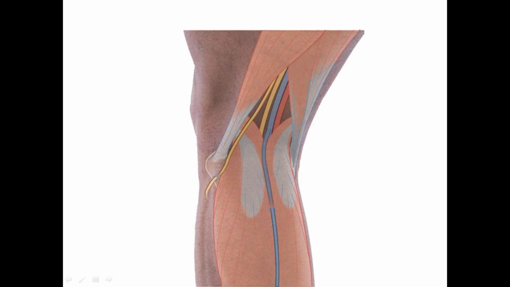Next, we go to the second transition area, that is known as the popliteal fossa, which is a diamond shape. We can see here, first of all, at the upper side, we are having the biceps femoris muscle. Upper medial side, we are having the semimembranosus and the semitendinosus muscle.